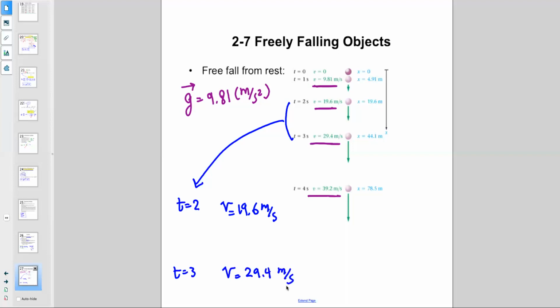You are gaining 9.81 meters per second of speed in 1 second. So that's why the acceleration is 9.81 meters per second in 1 second, or per second, or per second squared.